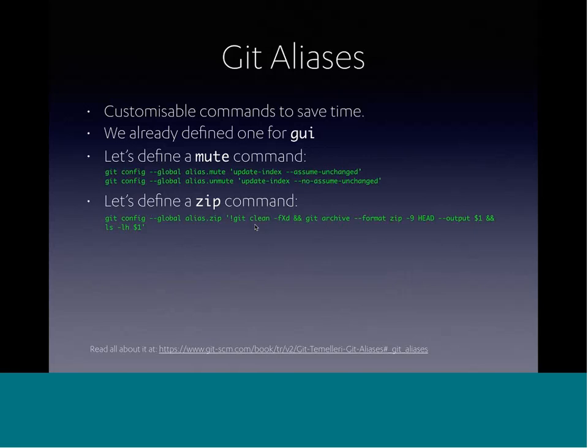And even though you can see it's a fairly long command, you can create an alias for it, say alias zip, and now if somebody asks you for a zipped version of your project, all you have to do is type git zip and give it a name for the file, and that will be it.